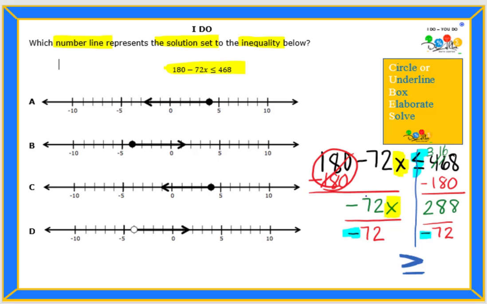Negative 72 divided by negative 72 is 1. And that leaves us with x finally isolated by itself. And we are going to work out 288 divided by negative 72.